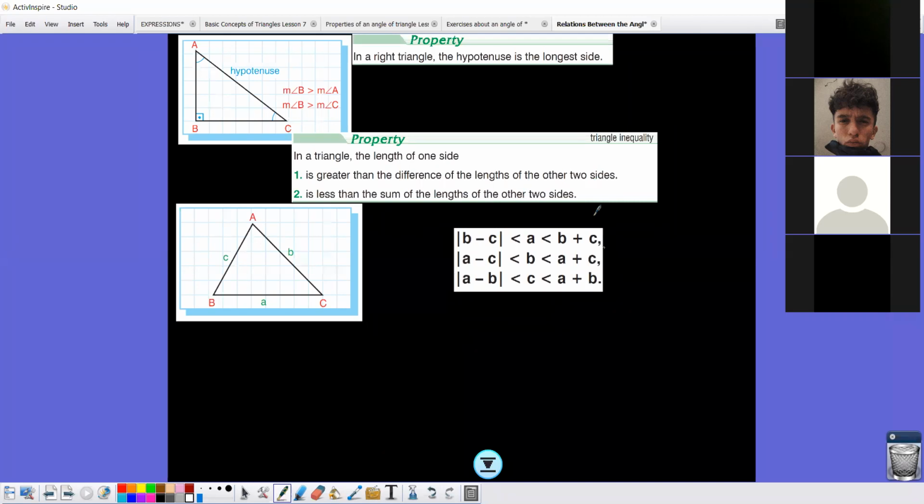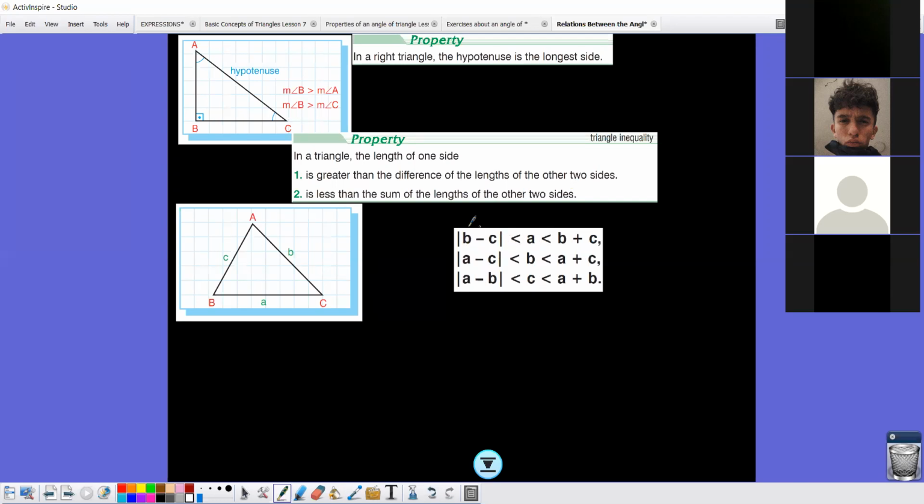This inequality is called the triangle inequality, and this is a very important property about triangles. The difference of two sides is less than the other one, and one side is less than the sum of the two sides. So you can write this inequality for three sides.